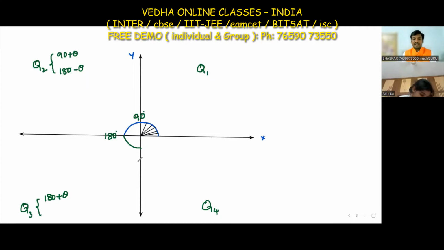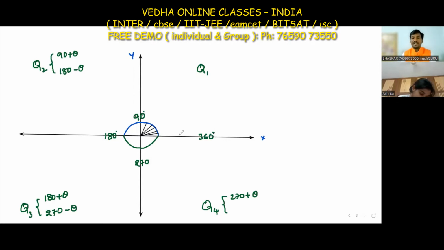Then 180 plus 90 is 270 degrees, and 270 degrees again lies on the y-axis. 270 minus theta is Q3 and 270 plus theta, more than 270, is in Q4. Up to what angle do we take? We take up to 360 degrees.